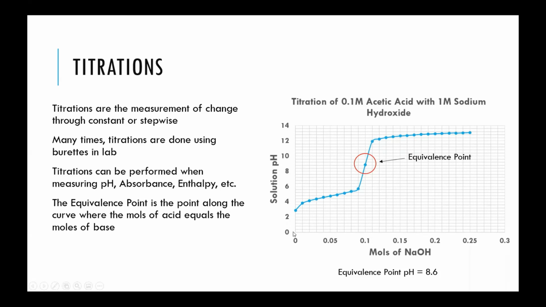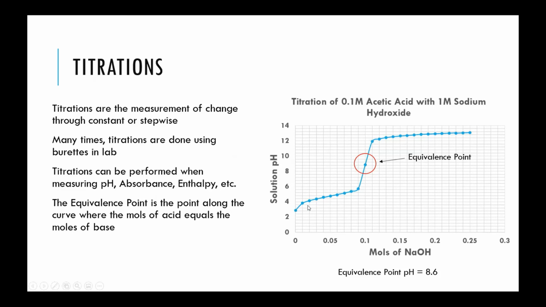First off, you can see that in this titration curve, it is 0.1 molar acetic acid titrated with 1 molar sodium hydroxide. So there is a solution of acetic acid, and sodium hydroxide is slowly being added to that solution. And initially it has a very low pH because it's an acid.